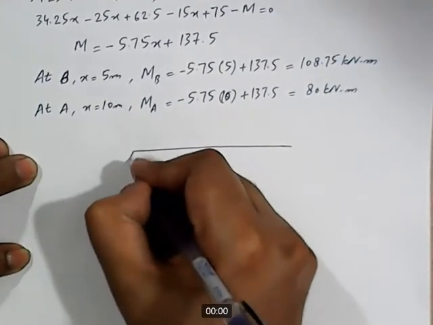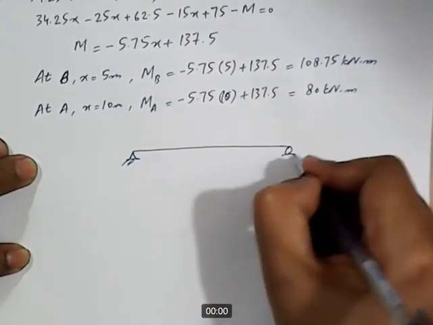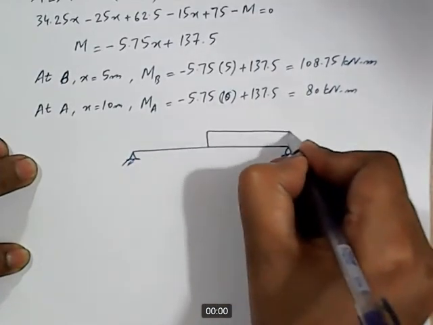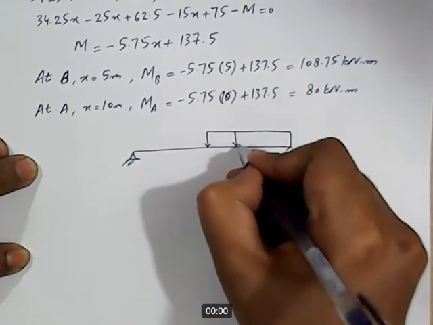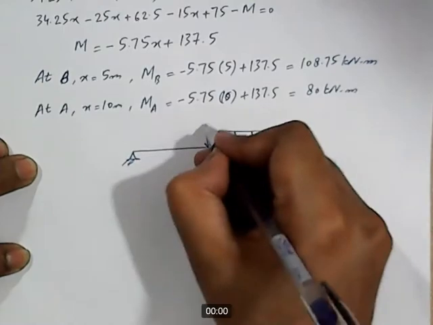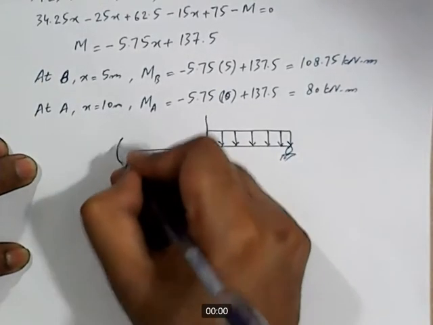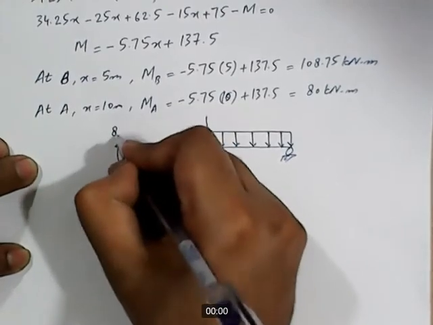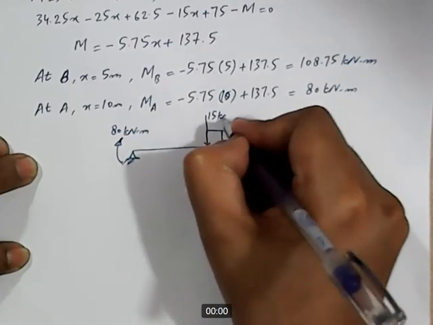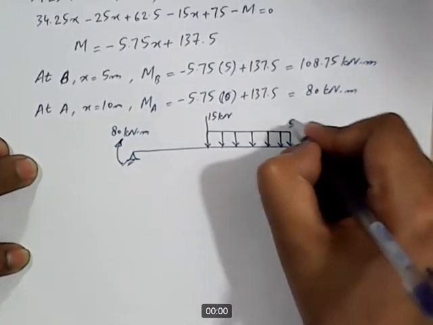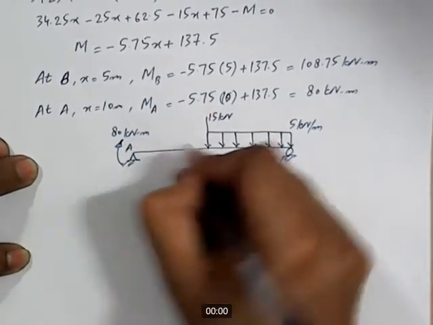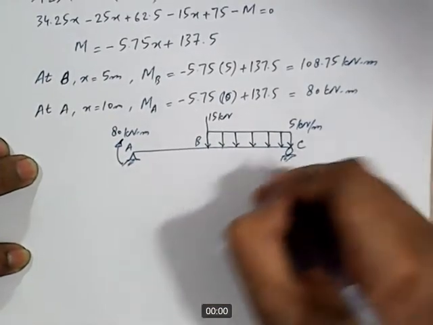We have a simply supported beam subjected to a UDL, a point load and a point moment, 80 kilonewton meter. This is 15 kilonewton. The intensity is 5 kilonewton per meter. This point is A, this point is B, and this point is C.